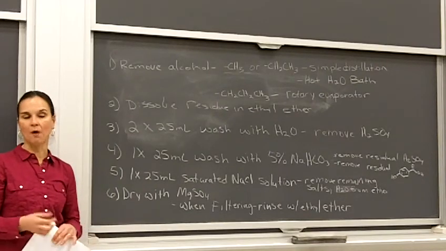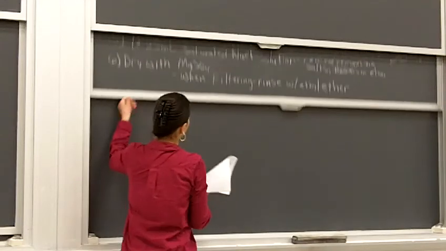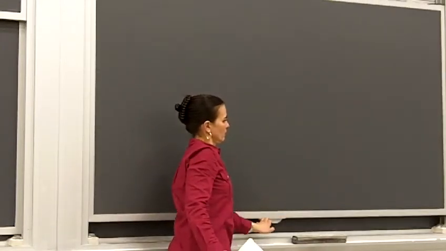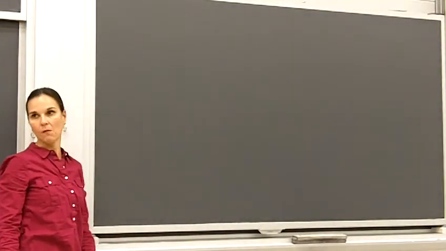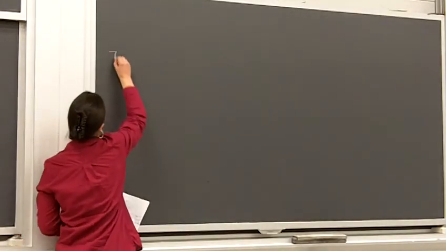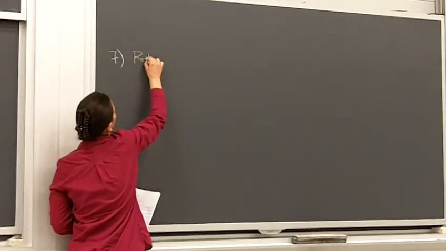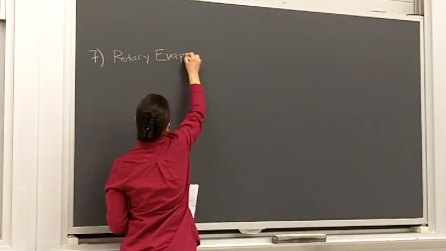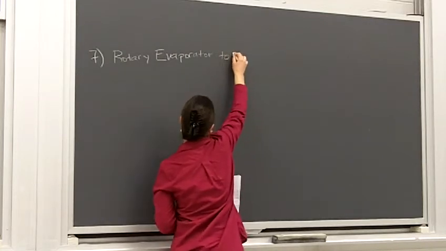So then all we have to do is remove our solvent. What are we going to do? What do you think would be the best way to do this? Rotavac. Yes, that will work well. So, sorry, I didn't even send it up that far. So we use the rotary evaporator to remove the ether.